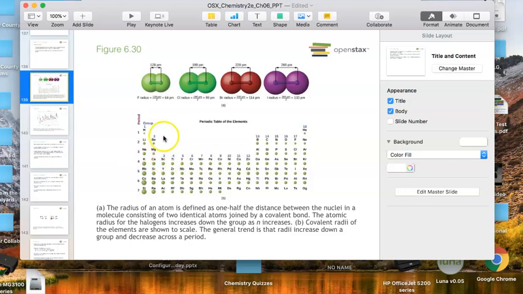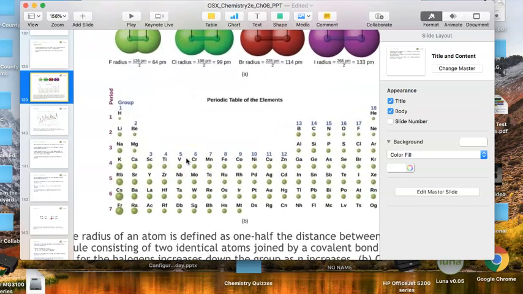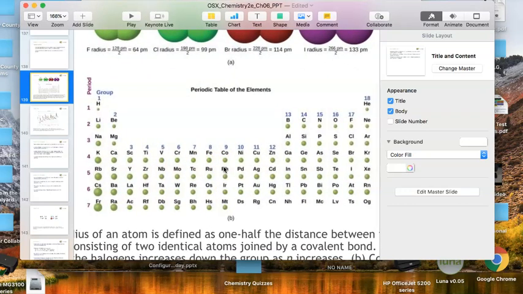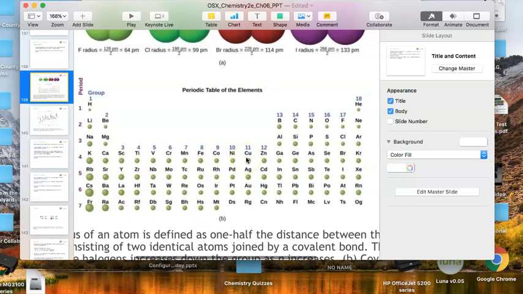All right, so here's a picture. Let me zoom in here so you can see this better. The sizes of different elements. As you go down the periodic table, the size of the atom gets larger. That's exactly what we said with the trends. Of course, you're probably saying to yourself, well, I see some exceptions. That one looks a little bit bigger than that one. But don't really stress yourself out about that.